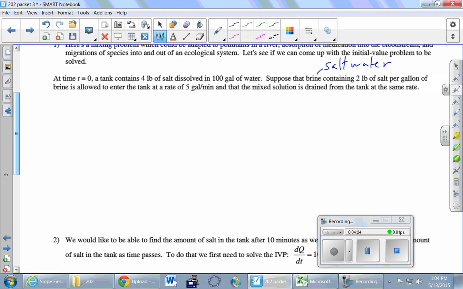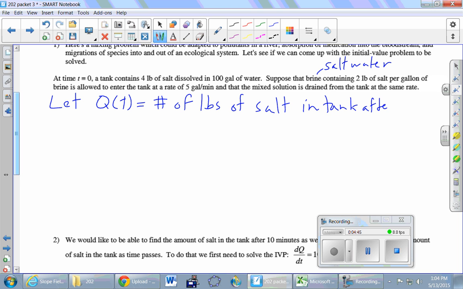That's right. So we're gonna come up with a formula to tell us how many pounds of salt are in this tank at any moment in time. So how about we give a name to that function? So we'll let Q of t equal the number of pounds of salt in the tank after t minutes.